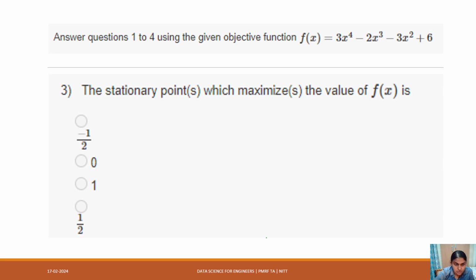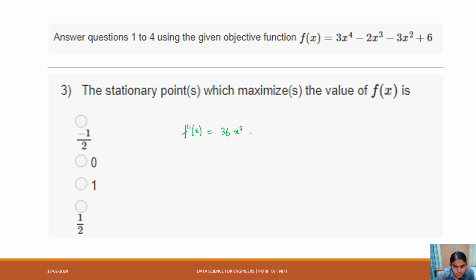For that you have to find out the double derivative. So f double dash of x will be given by, just wait a moment. It will be coming like 36x square.